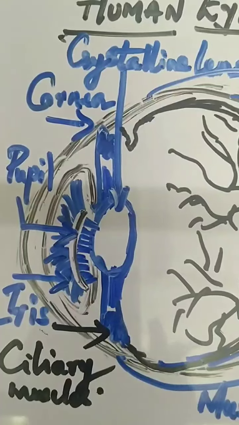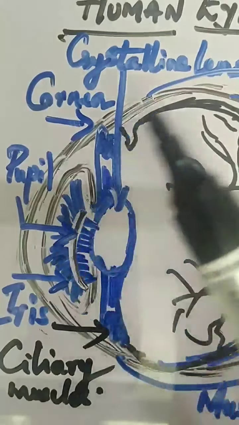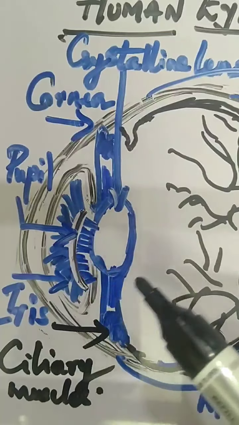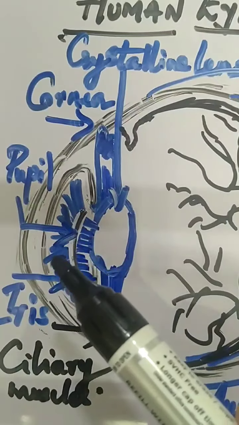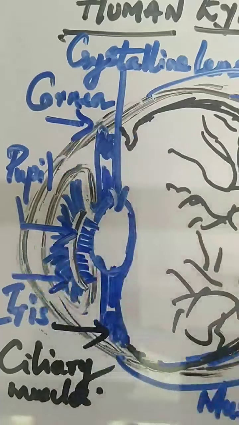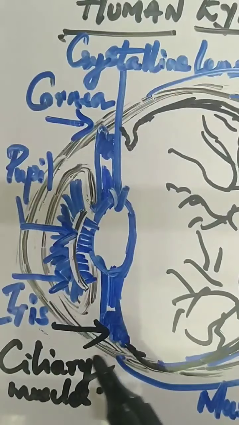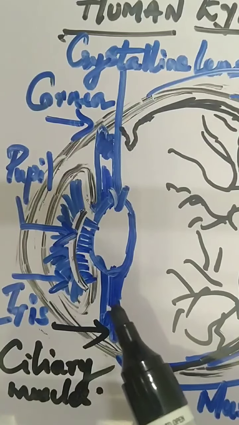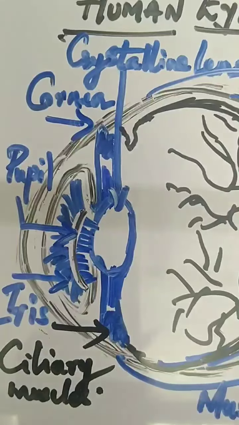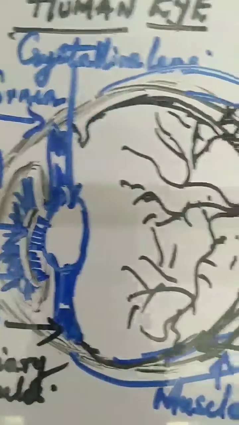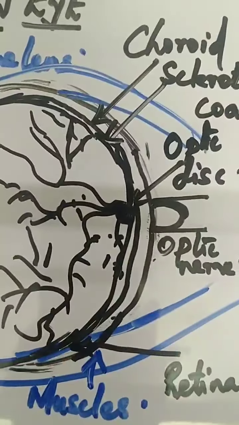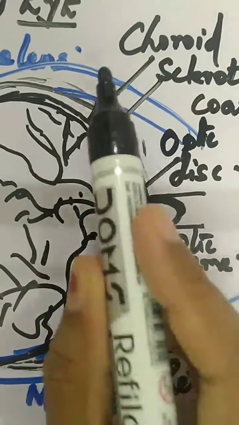From the front it should contain the most important parts: lens, retina, pupil, cornea, crystalline lens, iris, and ciliary muscles. The mountain-like thing is the ciliary muscles. Then as you go behind, the most important parts are the muscles.